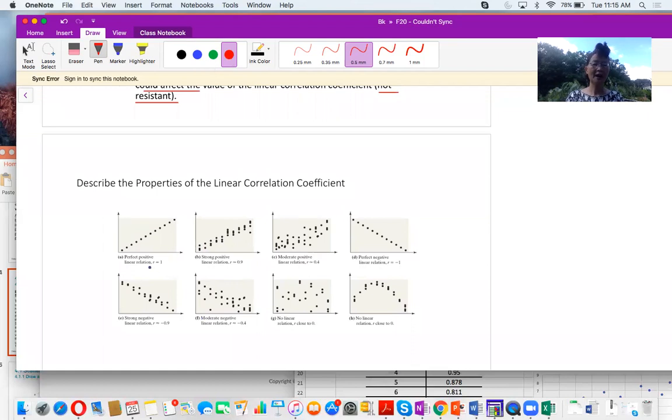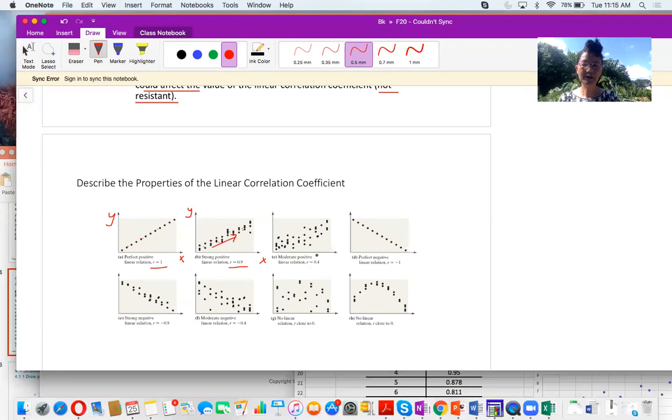If you have r equal to 1, perfect relationship between x and y, so this is x, this is y. And if you have r equal to 0.9, that's close to 1, they have a stronger relationship between x and y. When you increase x, y also increases.